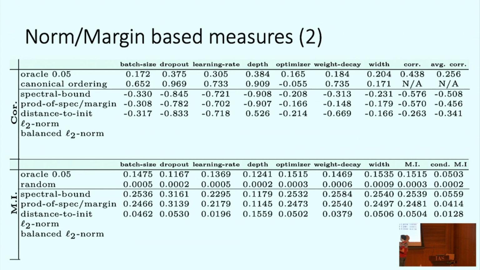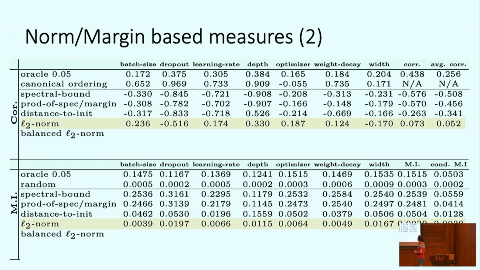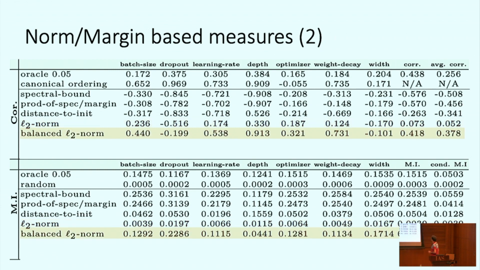We were hoping that the L2 norm at least correlates, because we use it in practice. And that was uncorrelated. So even the L2 norm doesn't explain anything. But when we balanced the network, we got some high correlation.